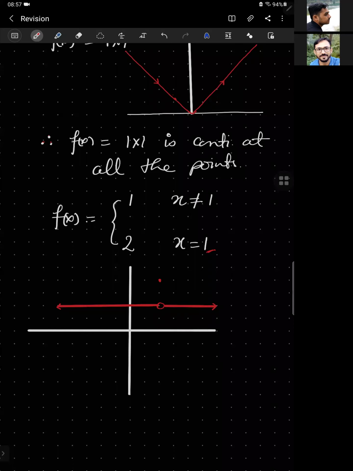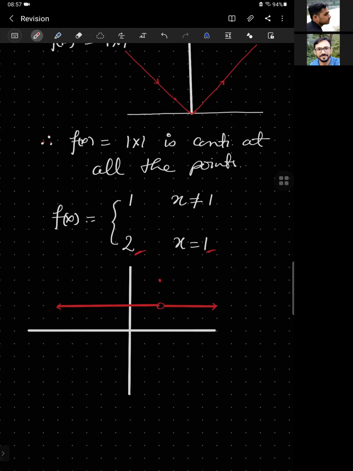See, the function is continuous at all the points, but only at x equals to 1, its value is 2. Rest always its value is 1, only at x equals to 1 its value is 2.